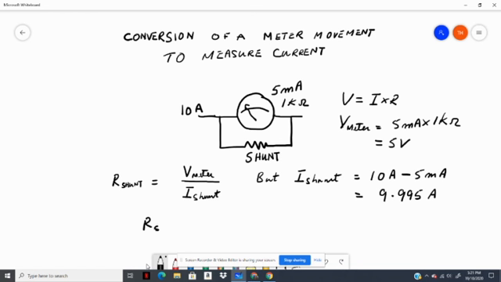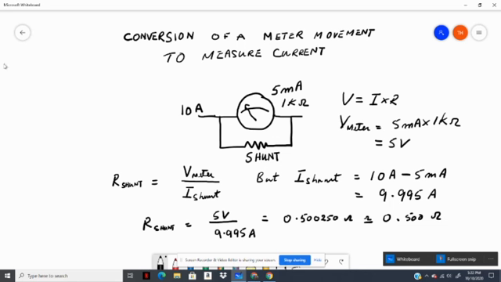R shunt equal to 5 volts divided by 9.995 amps, which equals 0.5002 ohms, or approximately 0.500 ohms.